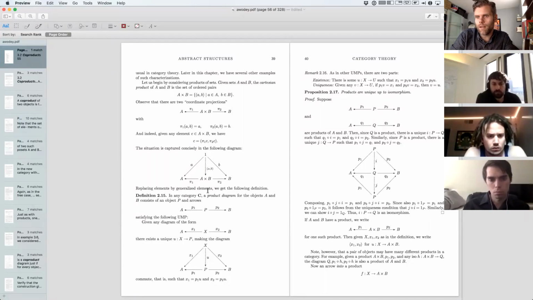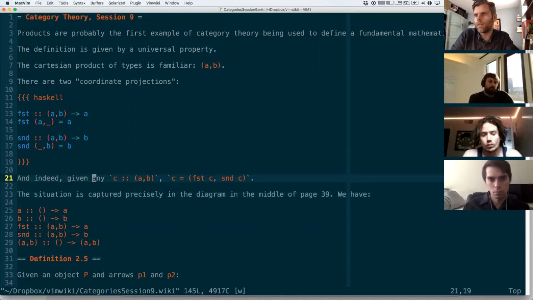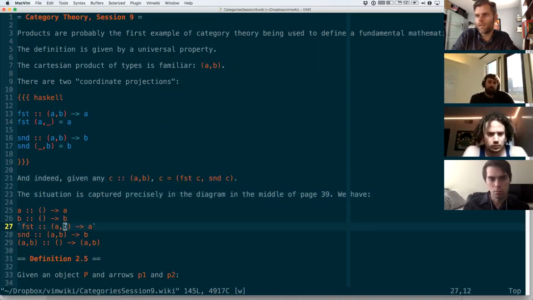And that's just the comma operator. So it takes our A and it takes our B in such a way that makes this commute. That is, this law here holds. Okay, so we have an A and a B and a first and a second, and we have an object (A, B).